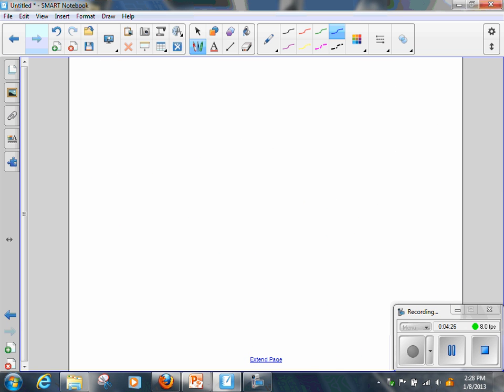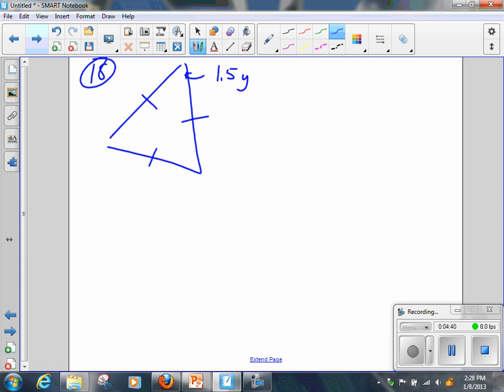18. What kind of triangle is this? Equilateral. 18. 1.5y minus 12 is that angle measure. And what are we told? We're told we got to find y.